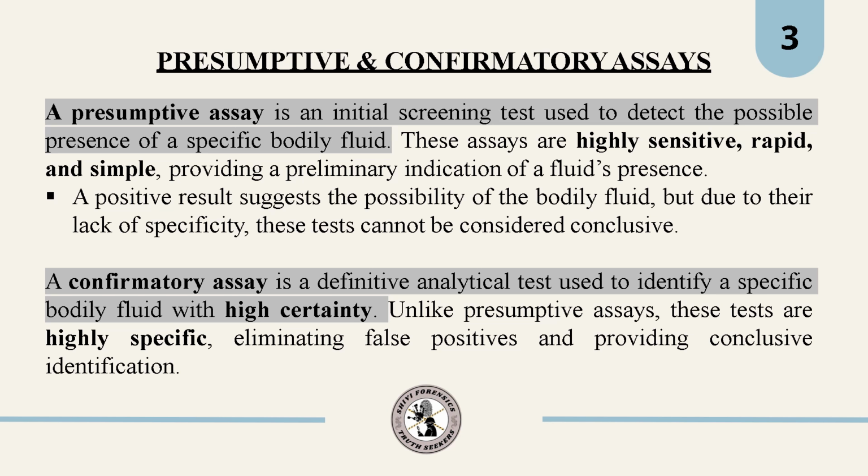Afterwards, when you determine yes, it is a biological fluid, then you will perform a confirmatory test, which is more rapid, has high certainty and is highly specific. This will help you determine, if it is biological evidence, which type of biological evidence it is. Because in presumptive tests, there could be false positive results also.